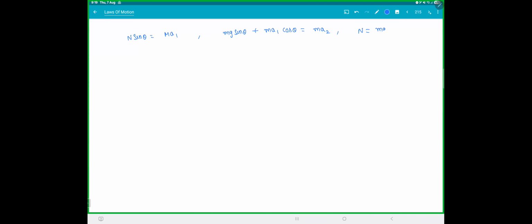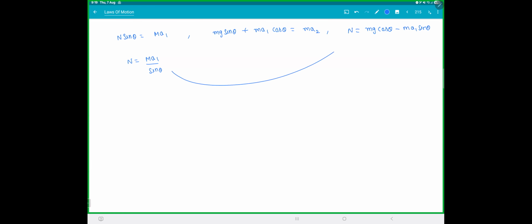N was mg cos theta minus ma1 sin theta. Perfect. So I want to find a1 and a2. I don't want N, so take this N and dump it in that equation. And yeah, perfect, I got a1 directly. Take it and dump it there.